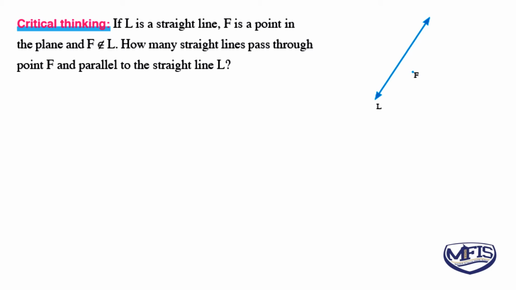We have a straight line. If L is a straight line and F is a point in the plane, F not belonging to L, how many straight lines pass through the point F parallel to the straight line L?